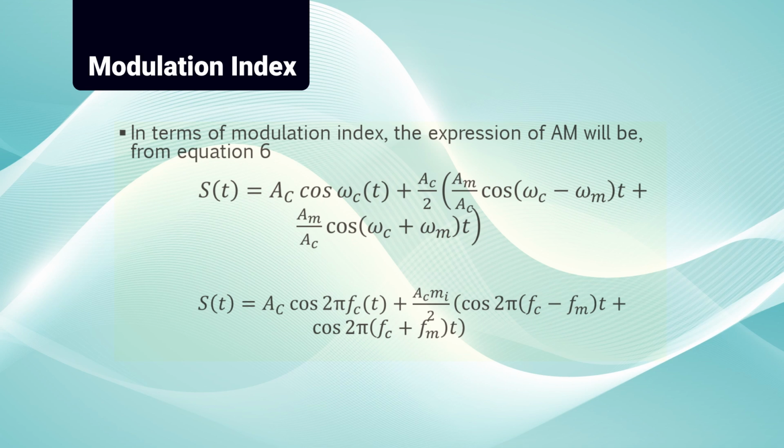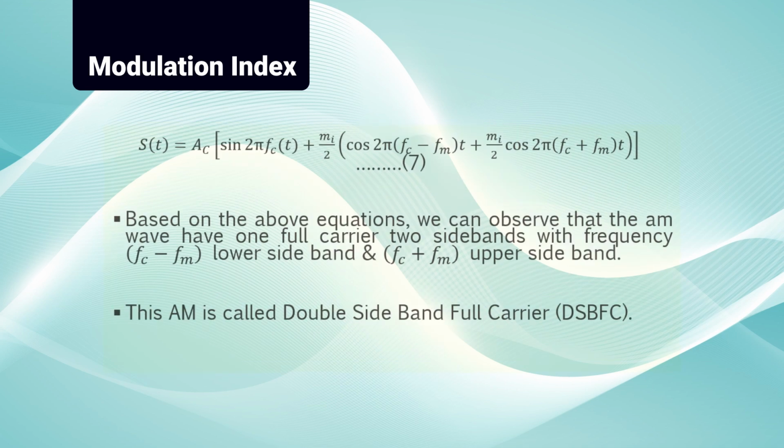It can also be written as S(t) equals Ac cos 2 pi fc t plus Ac mi upon 2 times cos 2 pi (fc minus fm) t plus cos 2 pi (fc plus fm) t. Based on the above equation, we can observe that the AM wave has one full carrier and two sidebands with frequencies fc minus fm and fc plus fm. This AM is called double sideband full carrier.